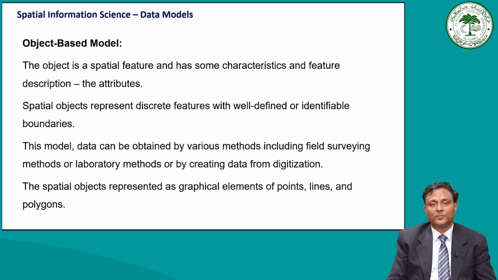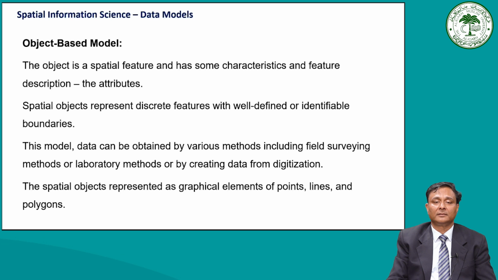The spatial objects represent discrete features with well-defined or identifiable boundaries. For example, buildings, parks, forest lands, geomorphological boundaries, soil types. These are some examples. In this model, data can be obtained by field surveying methods also.